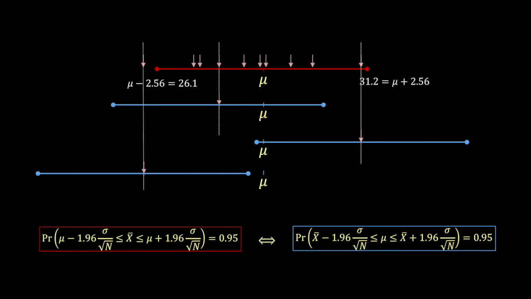These two statements are mathematically identical because you can go from one statement to the other by just moving the terms around. If you're not sure about this, pause the video and try to move the terms around to go from one expression to the other.